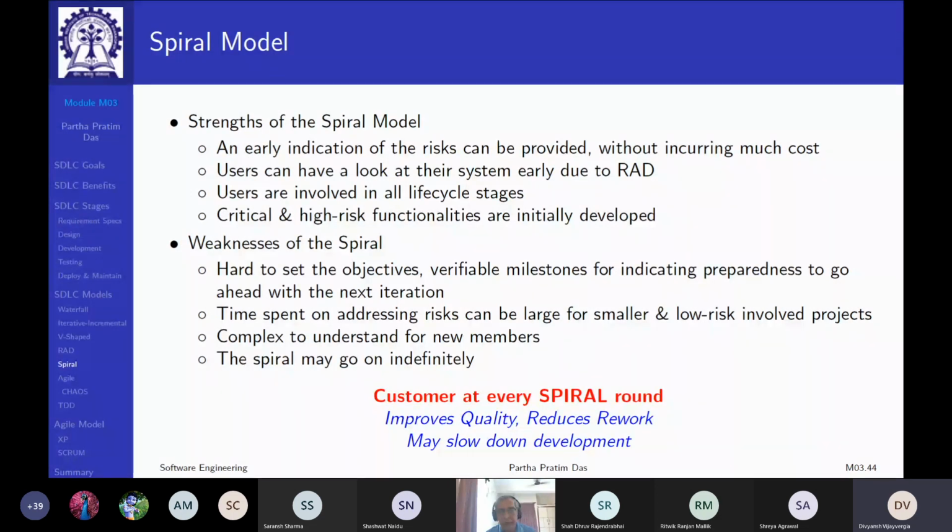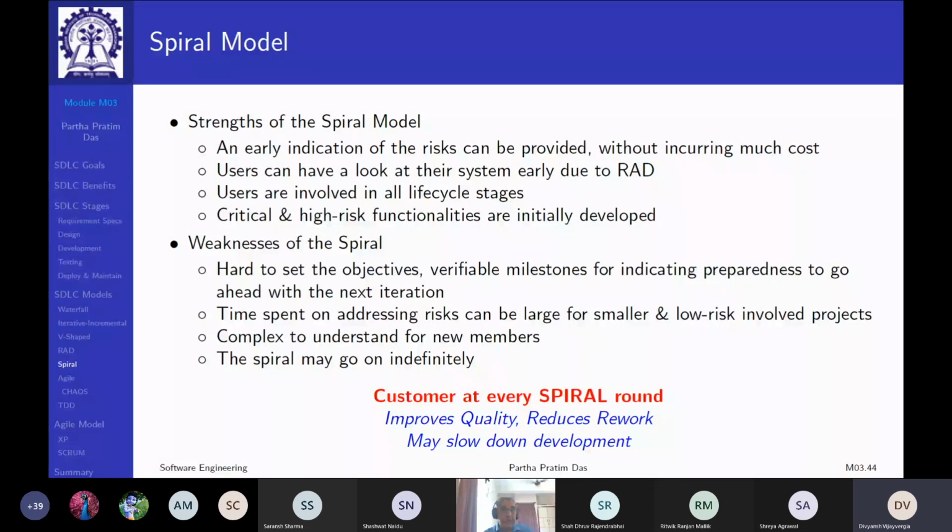And then certainly you have additional time and effort needed for addressing the risk, estimating them. And in the process, many projects have done very well, but many projects also tend to go on indefinitely. Right? It's a spiraling. It improves quality, reduces rework, but may slow down the overall development.